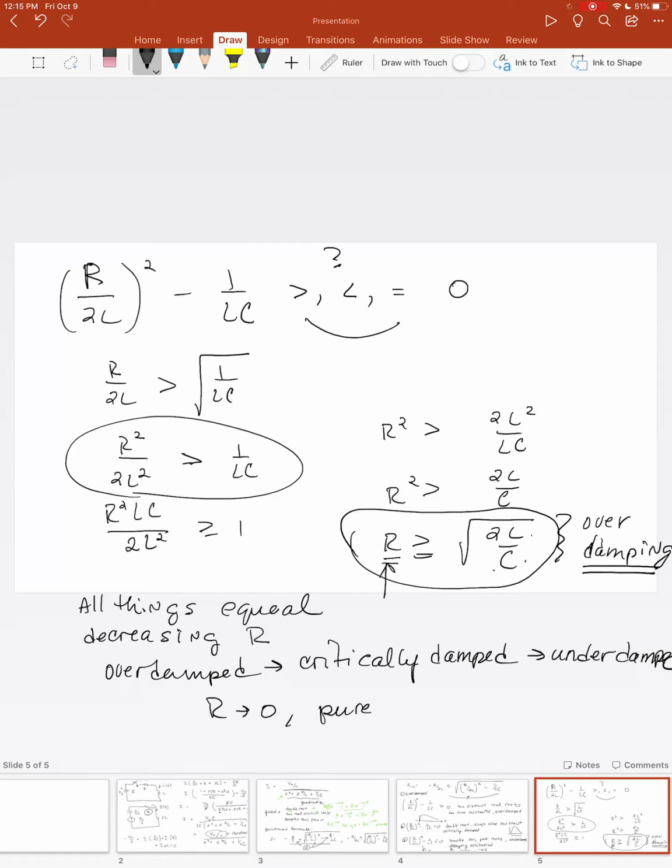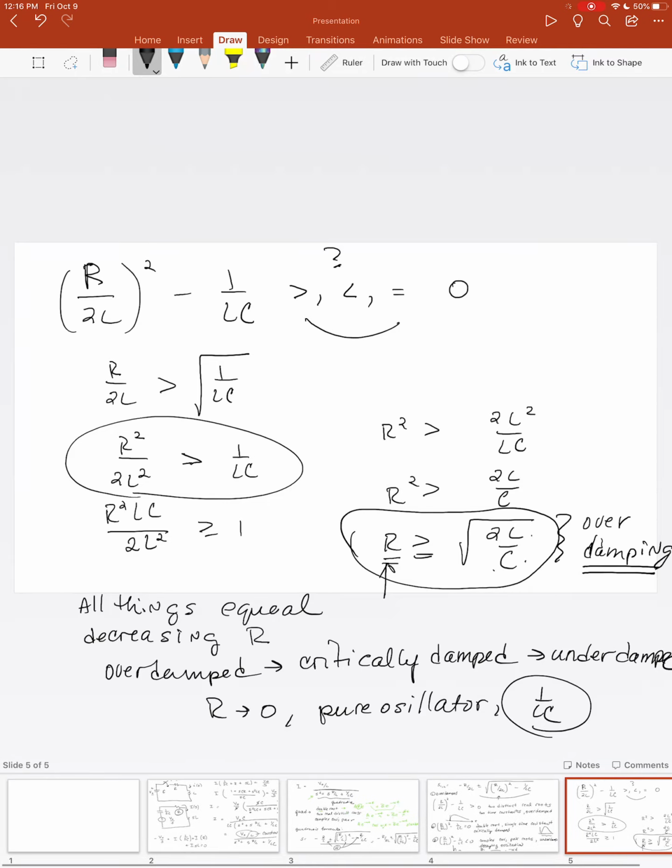As R goes to 0, the circuit becomes a pure oscillator, just a pure LC oscillator. So you can do different things with this RLC circuit depending on the output that you want to get.